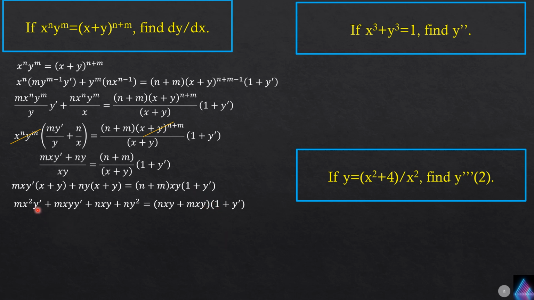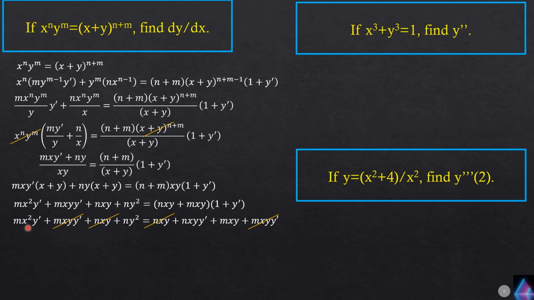We then write this as is, then distribute the right side, simplify the right side. So the right side would be n x y plus n x y prime plus m x y plus m x y y prime. We then cancel like terms like m x y y prime and n x y.